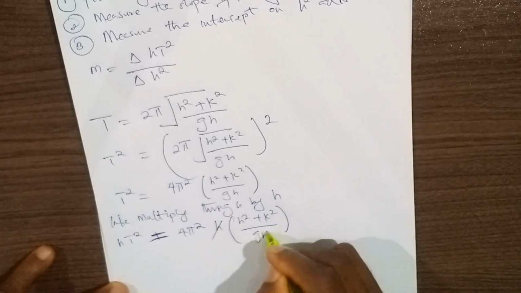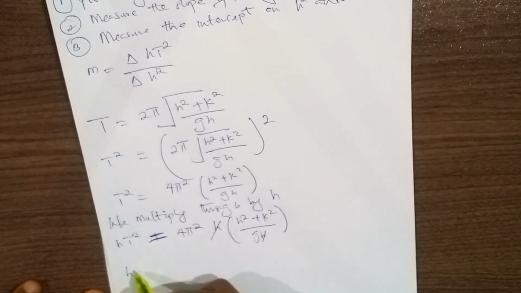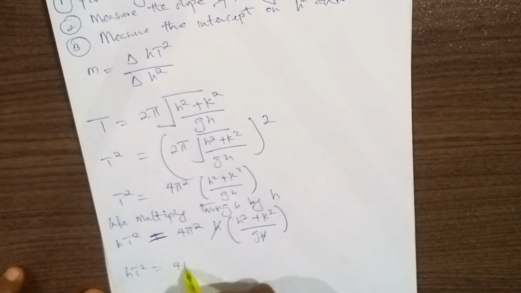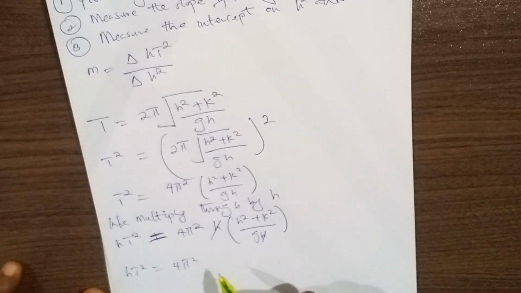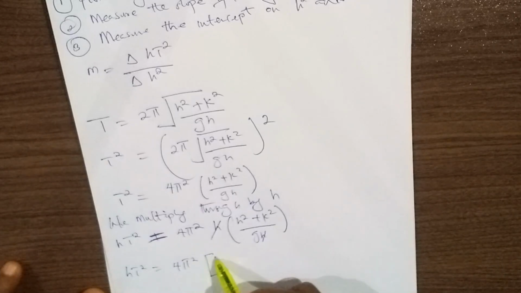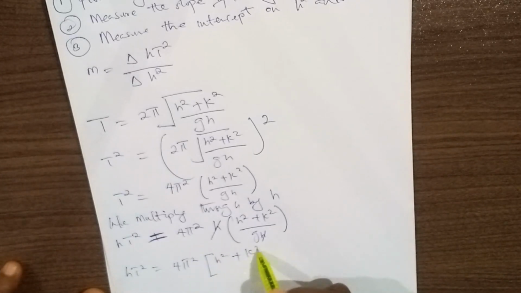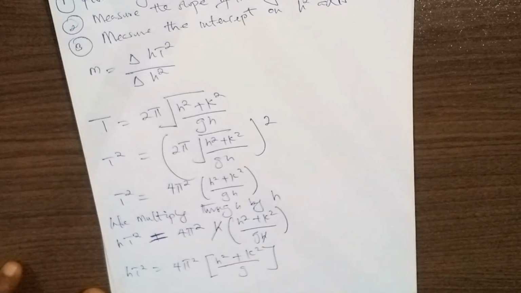The h cancels out the h here, so we are left with ht squared equal to 4 pi squared, bracket a squared plus k squared, all over g.